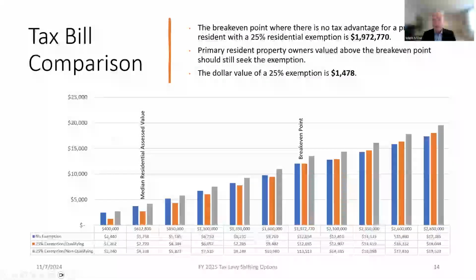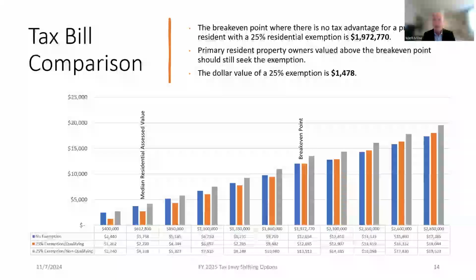This chart illustrates the tax bill impact at various valuations. You can see by the blue bar, which represents the property tax bill at these values if no exemption were adopted, and the orange bar representing the property tax bill with a 25% residential exemption, that the greatest financial benefit is to those lower valued properties, and that financial benefit diminishes as the property value increases to a break-even point, which is $1,972,770.